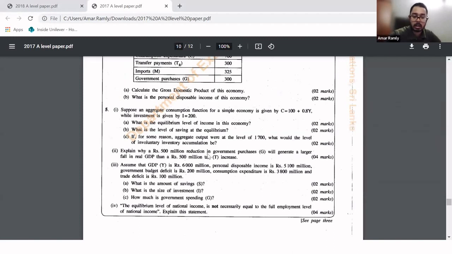If we look at question 2, it again has to do with the multiplier. It asks why a 500 reduction in government purchases has a larger effect than a 500 million tax increase. Both of these reduce GDP, no doubt about that. A tax increase is bad, a government expenditure fall is also bad.